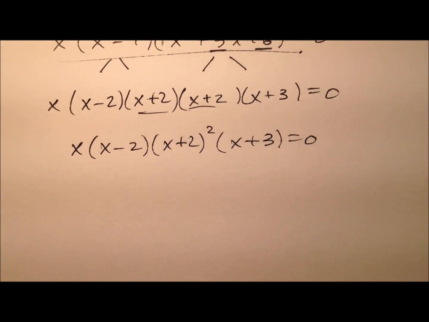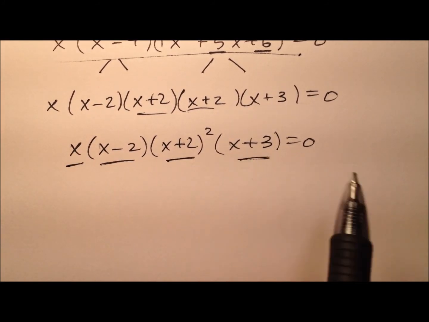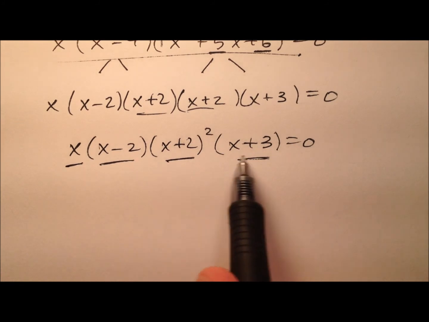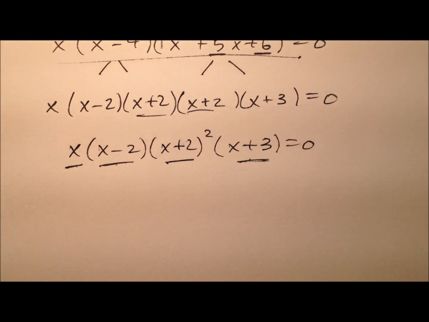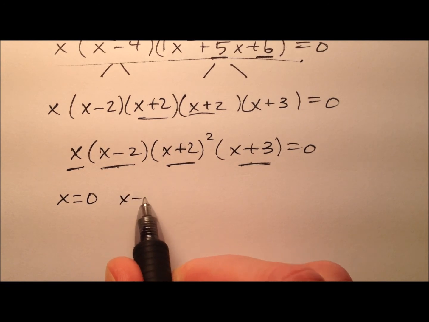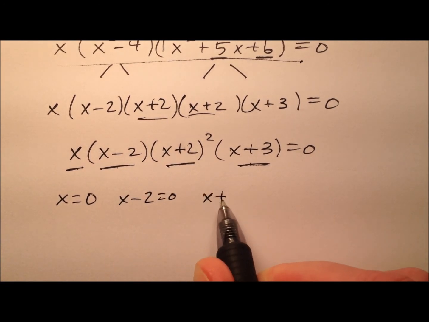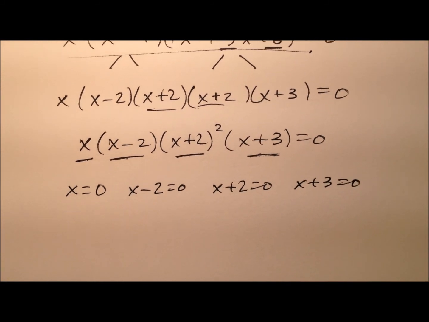So let's finish the problem. So I have 1, 2, 3, 4 unique factors, and they're multiplied together to give me 0. So of course the zero property of multiplication says that at least one of these has to be 0. So I'm going to accommodate for all of them and say they all equal 0, and then solve all these equations independently.